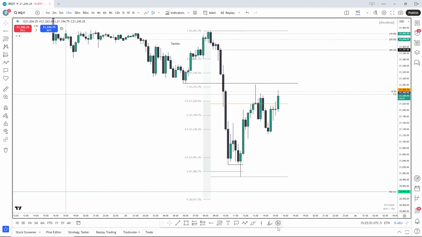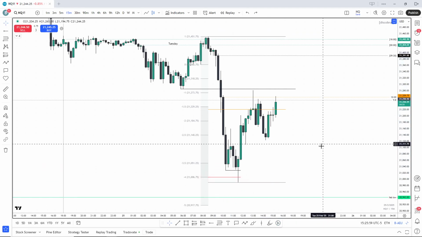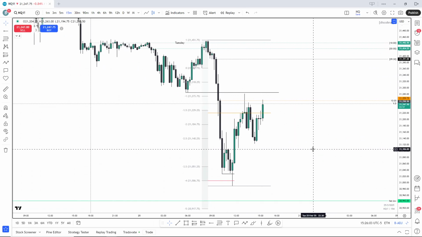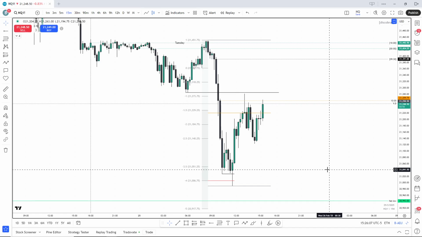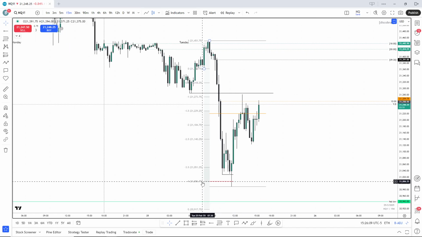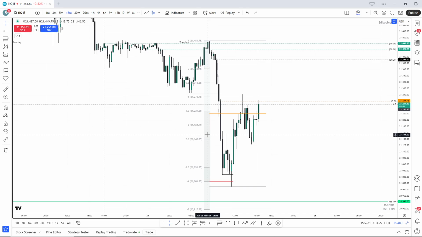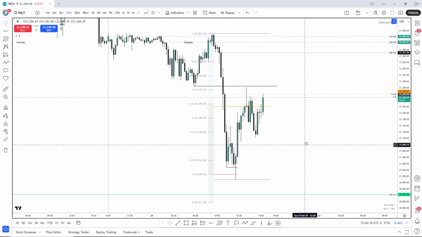Why is this significant? Well, it's significant because typically we see distributions based off of the measurement and the projection of a manipulation. So using that, I can also say that when price reaches two price areas, -2 and -2.5, or -4, we typically are going to see retracements occur.